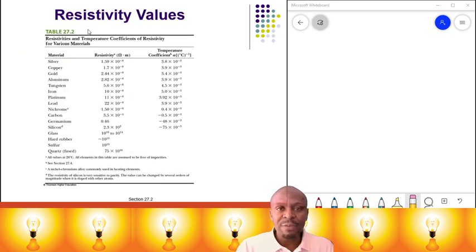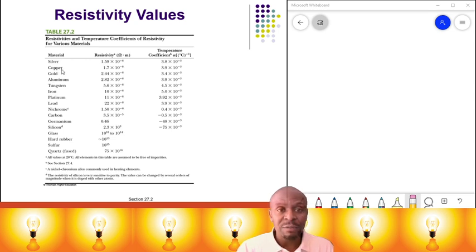Now, you have different values for the resistivity, and of course the resistivity of a material is a property of the material. Different materials have different resistivity. For example, glass ranges over these values, and gold is 2.4 times 10 to the power minus 18. Let us also look at copper.